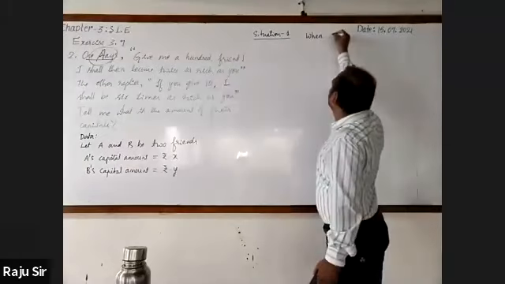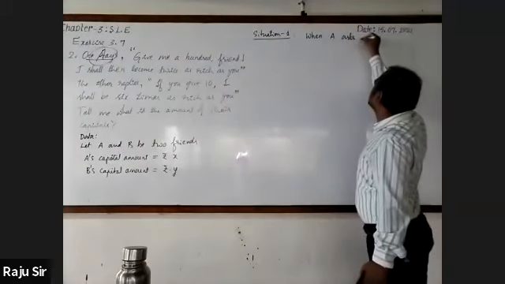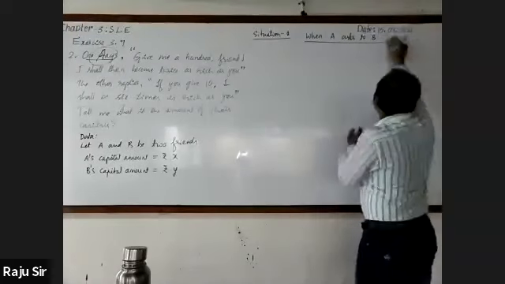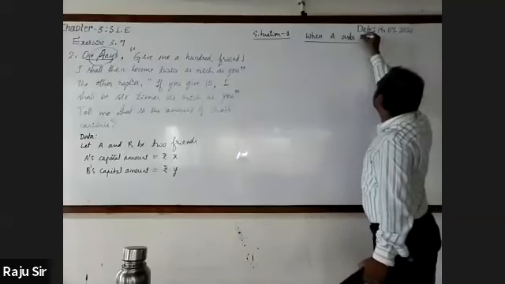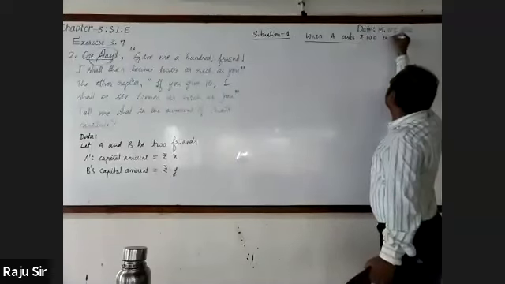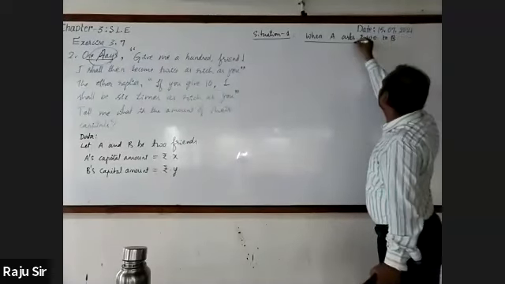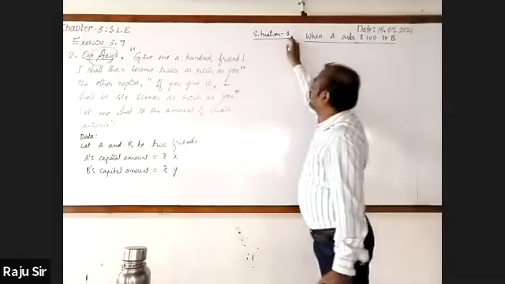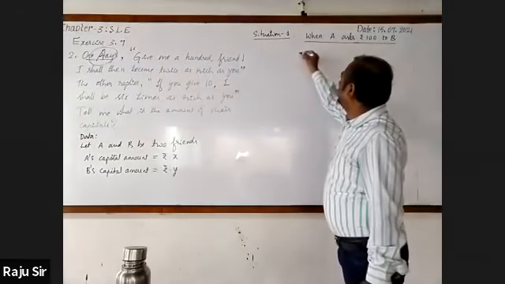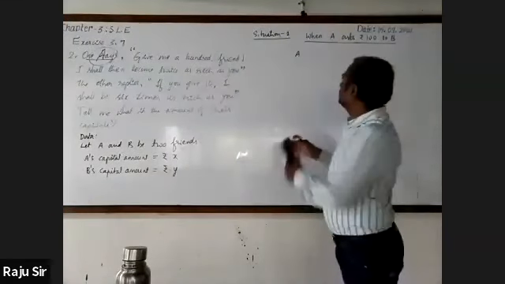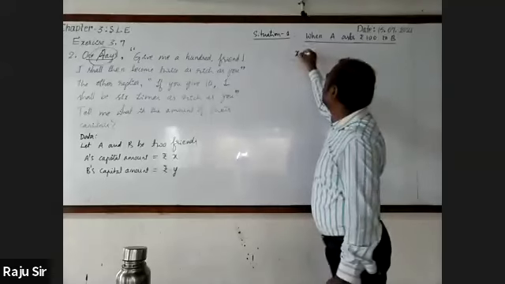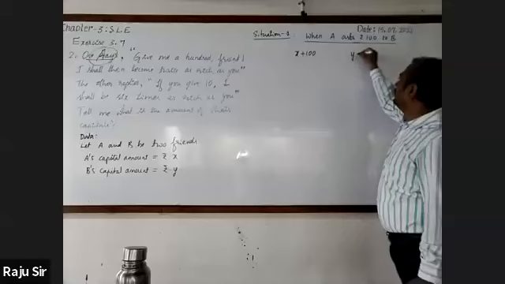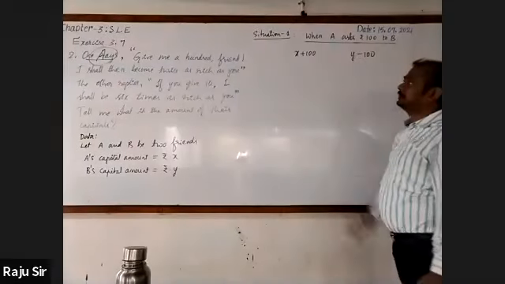When A asks rupees 100 from B, let us write that. The amount with A will be X plus 100, and the amount with B will be Y minus 100.